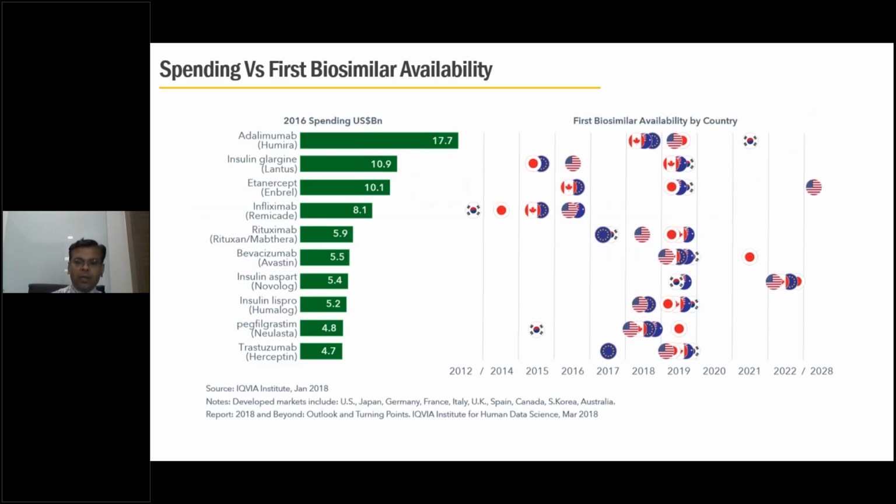However, all these things come at a cost. You need to spend a hell of a lot of money to get a biosimilar onto the market. It's not as simple as a small molecule. That's the reason you don't find many players in the country or outside the country who are focused on biosimilars, because it needs a lot of investment, and everything comes at a huge cost.